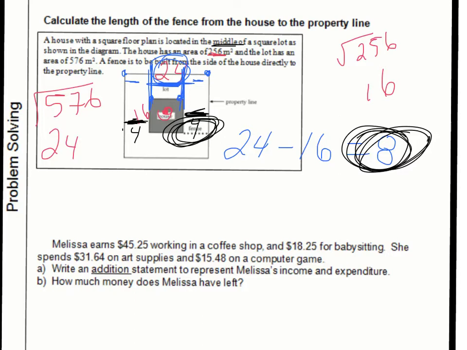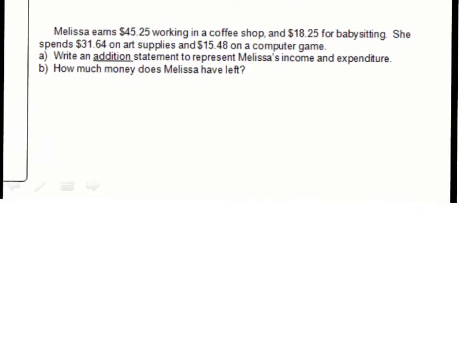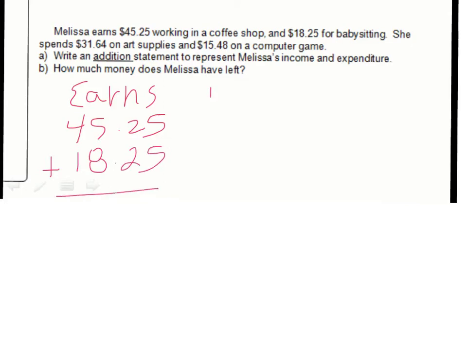Okay, so now we have the last question. Move all this up. Melissa earns $45.25 and $18.25 for babysitting. She spends $31.64 and $15.48.